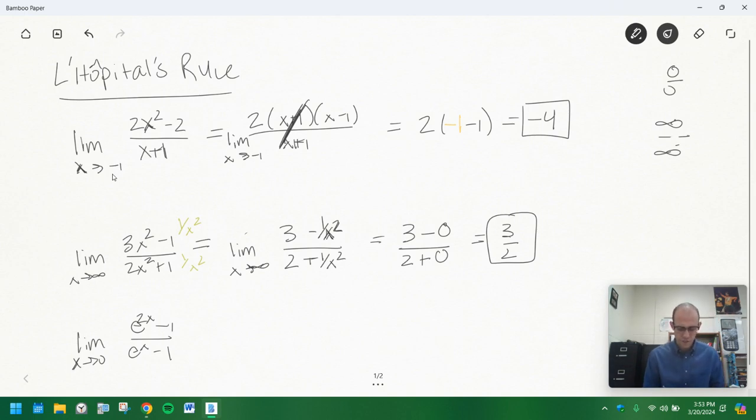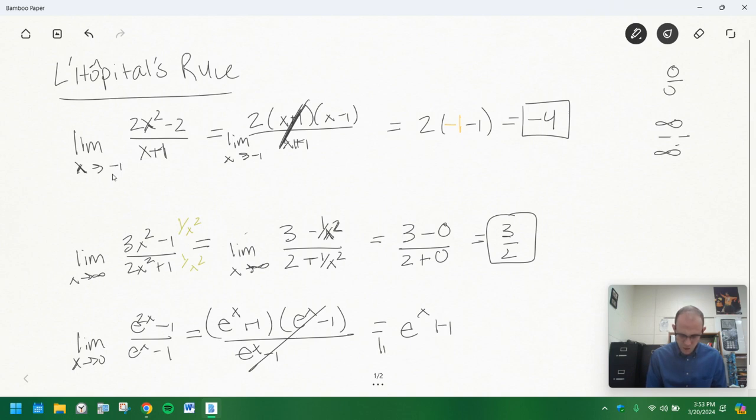Here it's dividing by the highest power of x. In this one, you could do a very similar situation to what we saw up here. You could pull out a factor: e to the x plus 1, e to the x minus 1, and then divide by e to the x minus 1. Reduces, so I have e to the x plus 1.